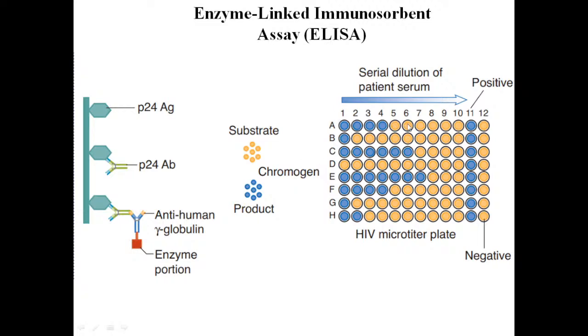In every variant, in every hole, we should add chromogen. In those cases where anti-human gamma globulin is bound to patient serum, we can see changing of color from yellow to blue. So in this case, we can see positive result. It means that in this variant, patient serum contains antibodies against, for example, against HIV, like here.